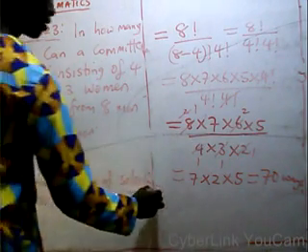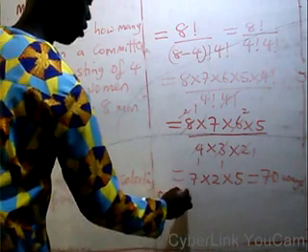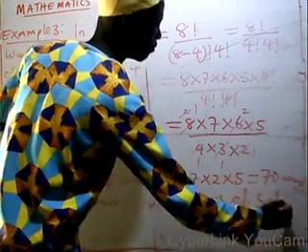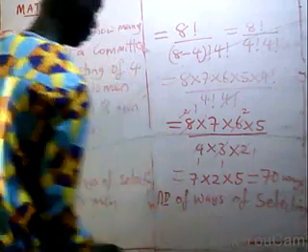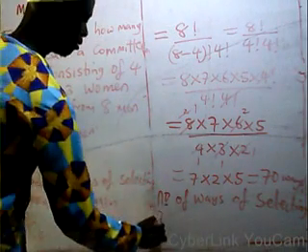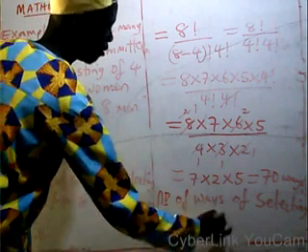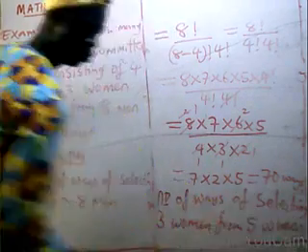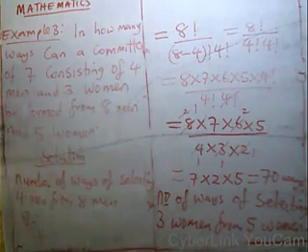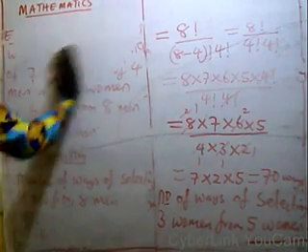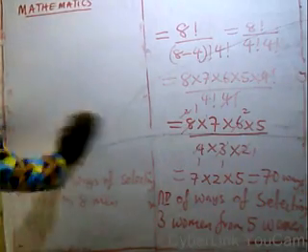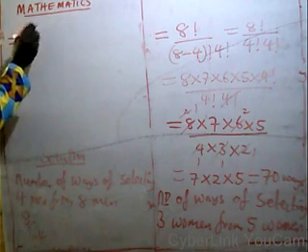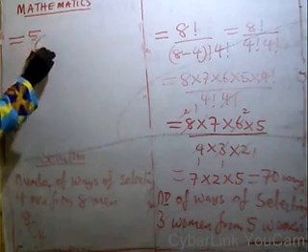Now, number of ways of selecting 3 women from 5 women is going to be 5 combination 3, sorry.